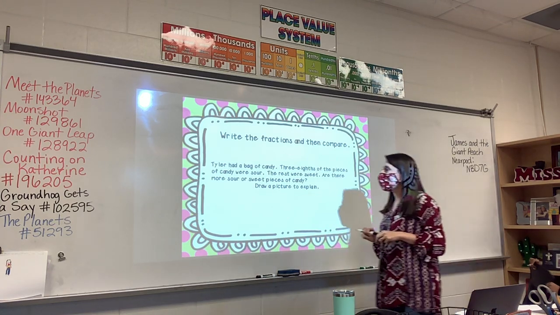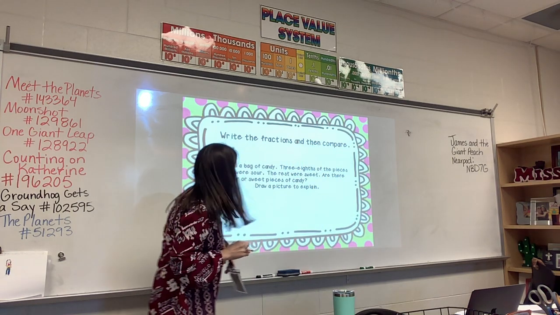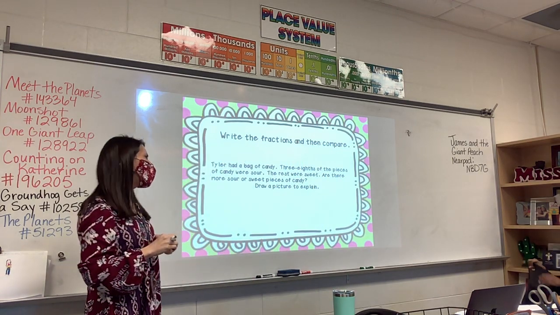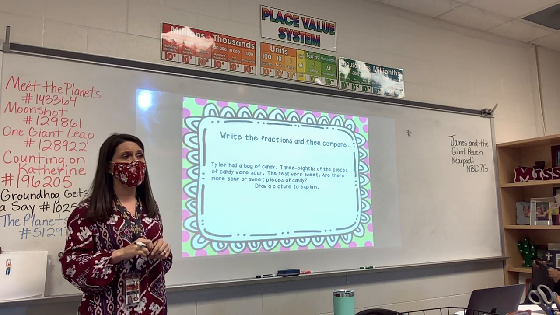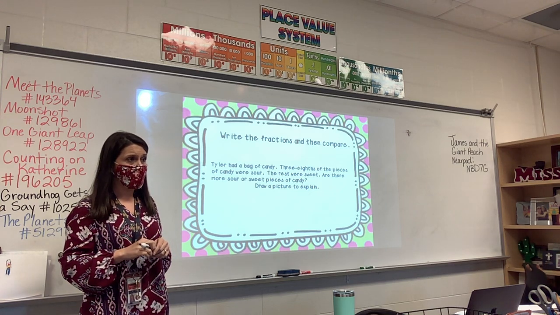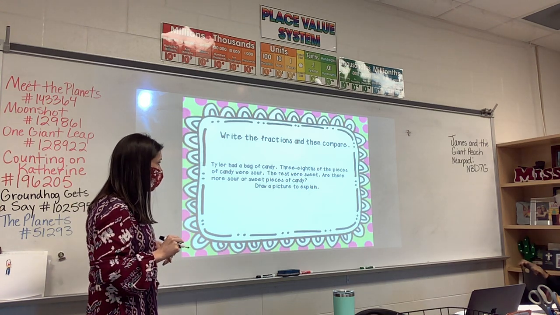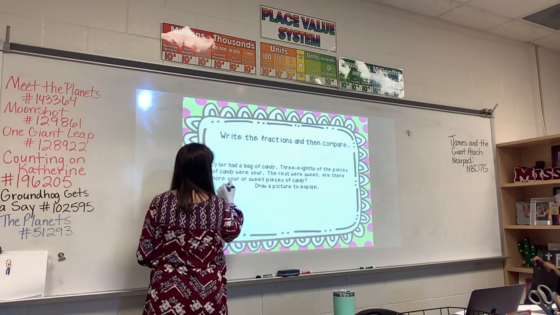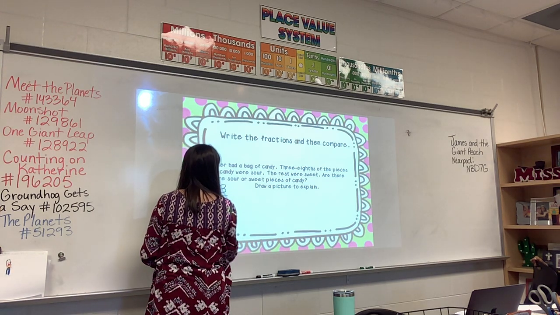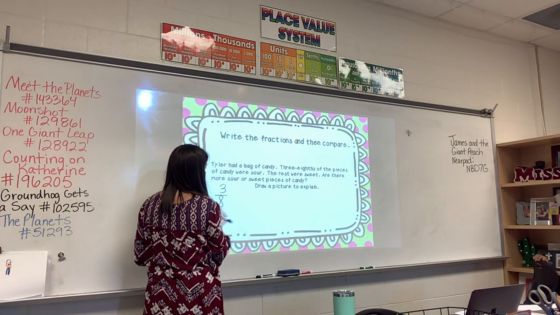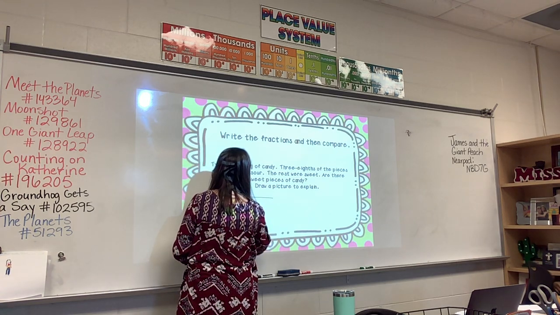3/8 of the pieces of candy were sour. The rest were sweet. Are there more sour or sweet pieces of candy? Draw and explain. Okay? So we are comparing 3/8. Let me go ahead and draw that out.